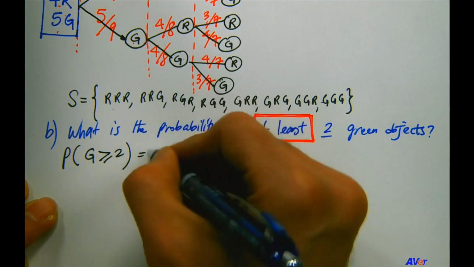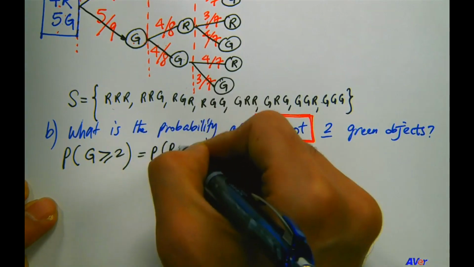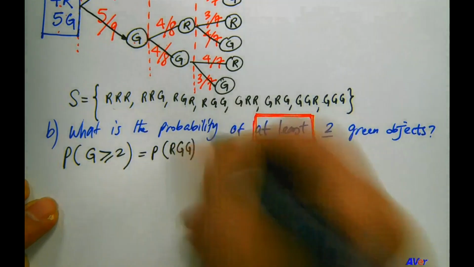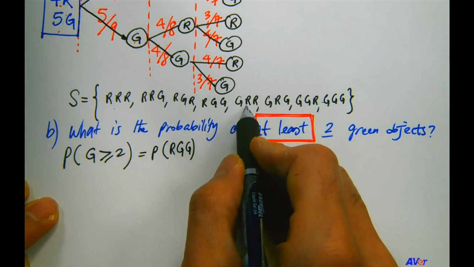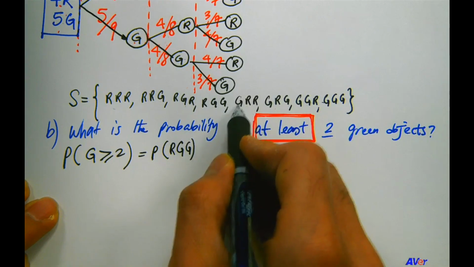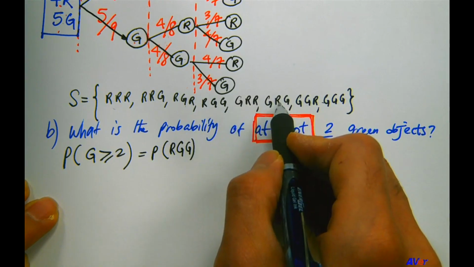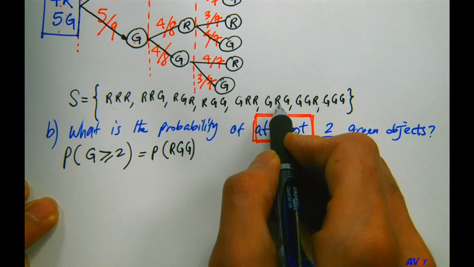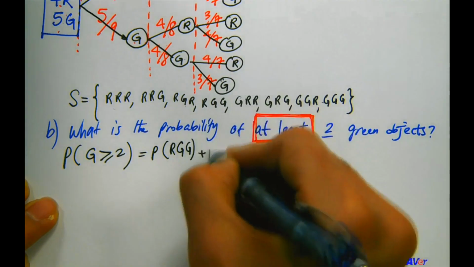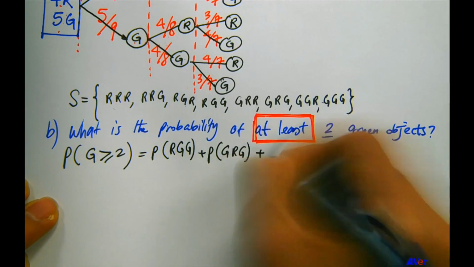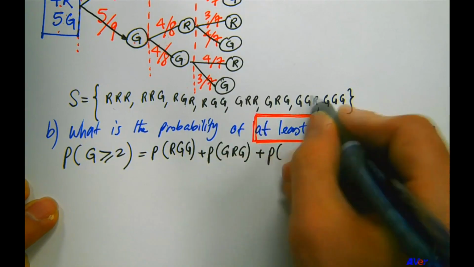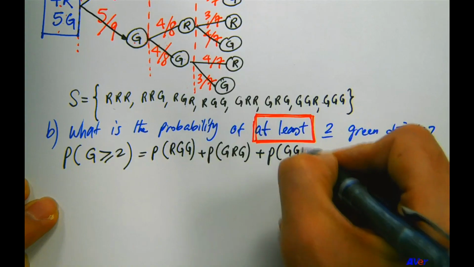So let's write it down. Probability of red, green, green is included here. What about here? No. There's just 1 green here. How about here? Yes. Once again, we can include that. So plus probability of green, red, green, plus how about this? Yes. Once again, we have 2 greens there, which is the minimum we're looking for.